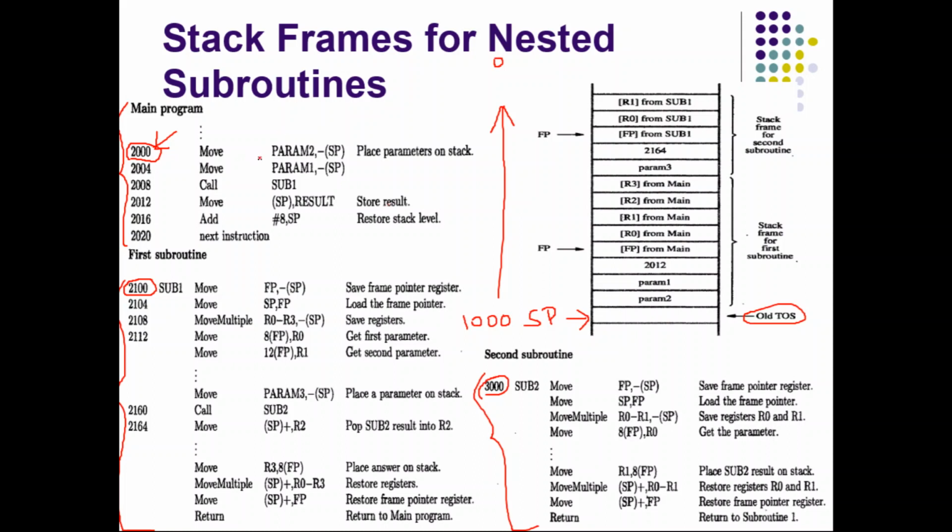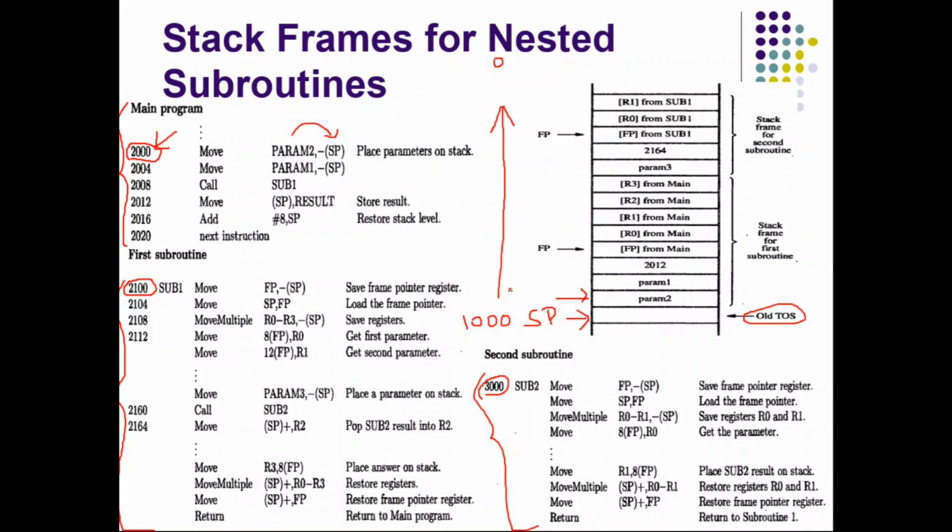Then immediately, this main program wants to pass two parameters to the subroutine. So first it is pushing these two parameters into the stack. Move parameter 2, minus SP. It is pre-decrementing and then pushing. So first the stack pointer is decremented and then parameter 2 comes here.